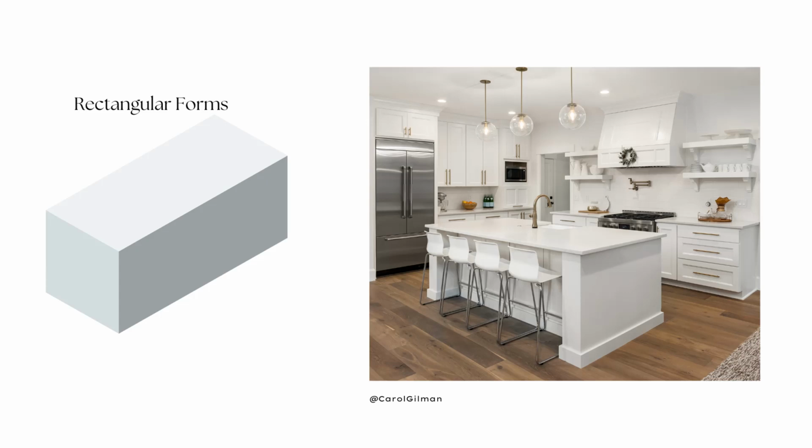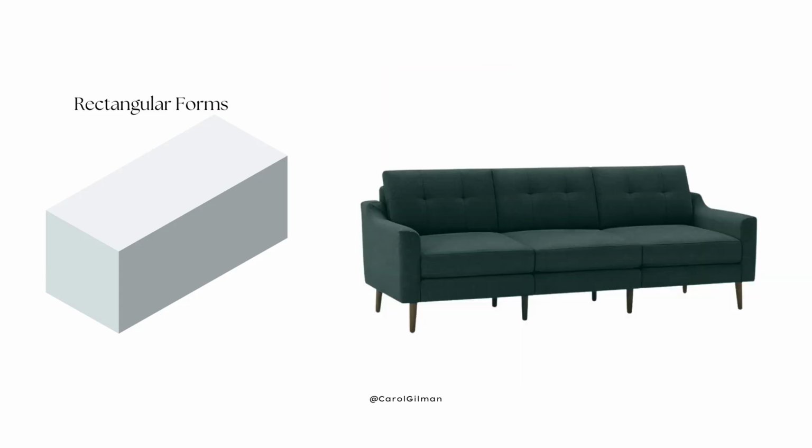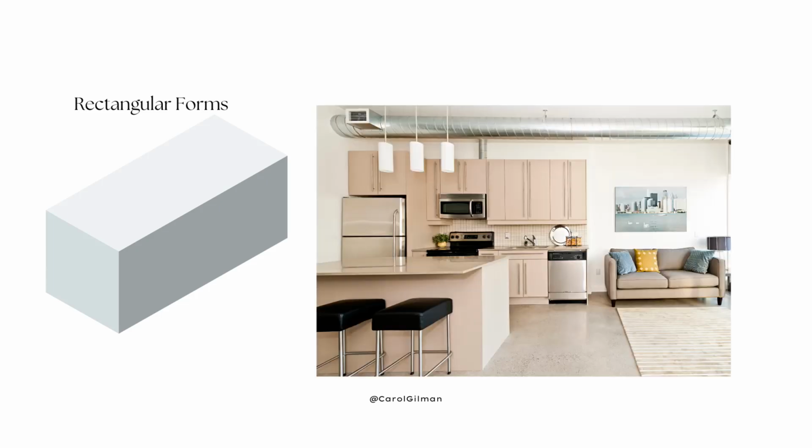It's like a box. A sofa is another example of that, or even a fish tank. I'm not walking around saying, let's have a cuboid or a rectangular prism style kitchen island. We're not using that term all the time, but it's nice to know what really would describe that accurately.